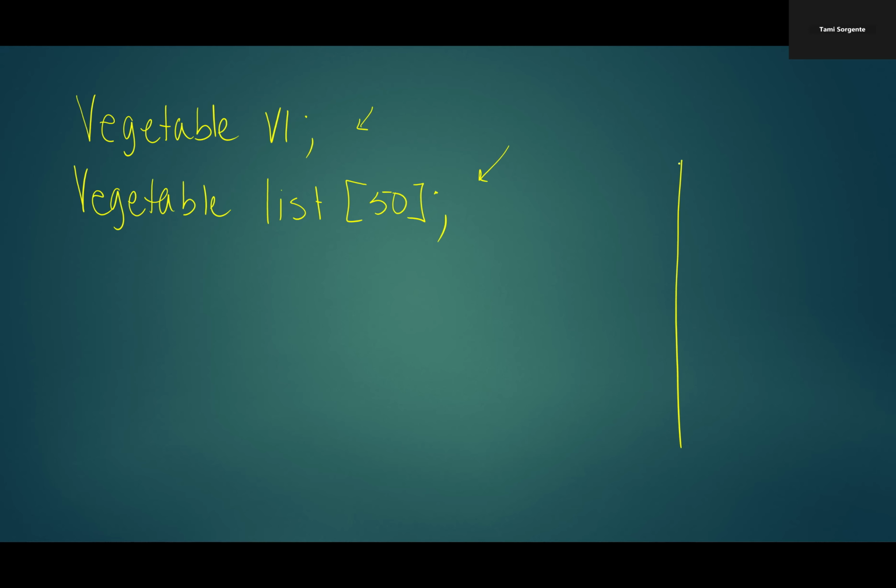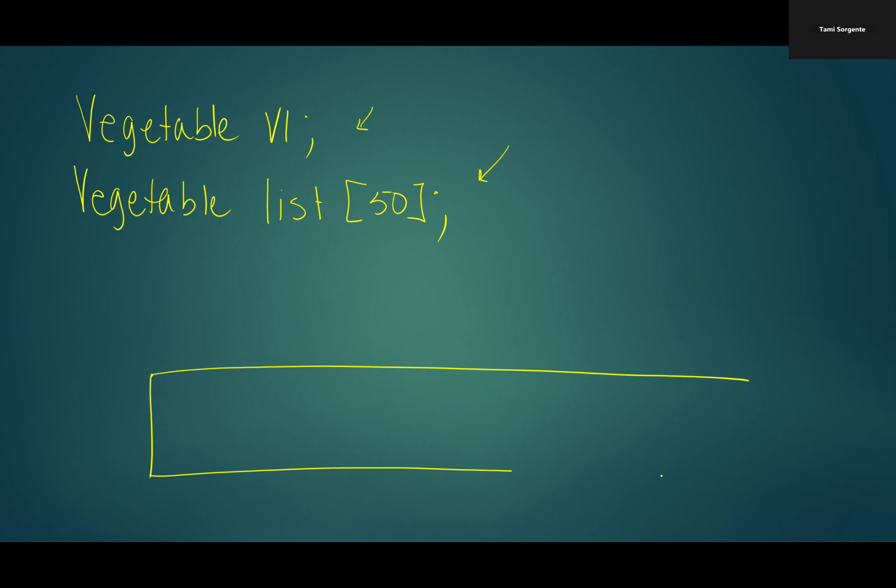If I were to draw my memory map, each one of these would be a vegetable. I'd have a vegetable, a vegetable, a vegetable. But it's much easier to represent an array horizontally instead of vertically, so I'm going to represent it like this. This is my list, which is a pointer.